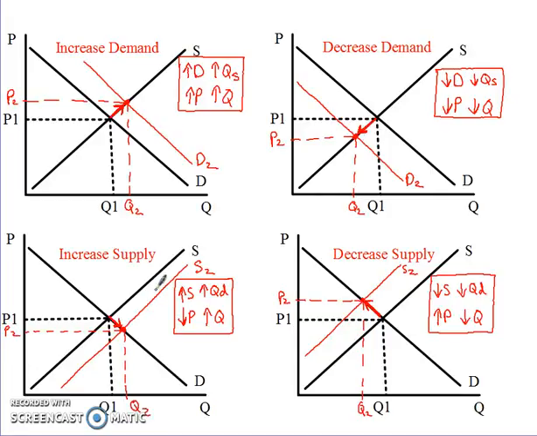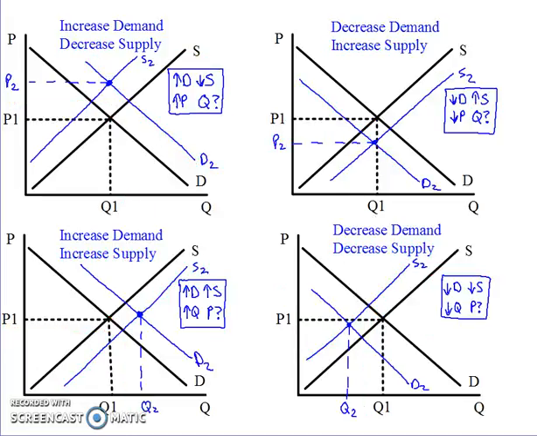If only one curve shifts, then you move along the other curve, and that's where you get quantity demanded. So you only see the quantity demanded or quantity supplied language when one curve shifts. Here we have two curves shifting, so you will never see quantity demanded and quantity supplied. They're all changes in demand and supply.